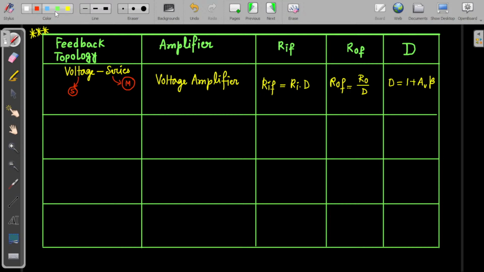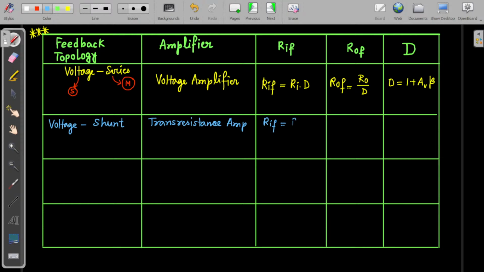Now let's move to the next topology, that is the voltage shunt topology. वोल्टेज शंट टोपोलॉजी में जो एम्पलीफायर यूज हुआ था, इक्विवेलेंट एम्पलीफायर क्या था? ट्रांस रेजिस्टेंस एम्पलीफायर, and here it was RIF. RIF क्या था?